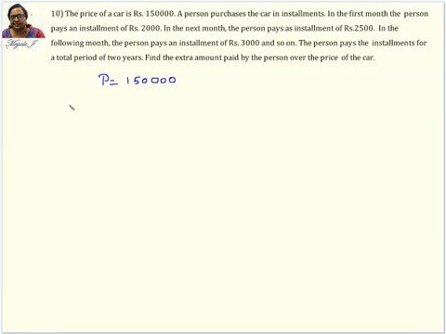So what is the first term? It's 2,000, right? The very first month he is going to pay 2,000. So the next month he is going to pay A plus D, 2,500, or I can say this is nothing but an increment of 500, right? So again he's going to pay 3,000 and so on.